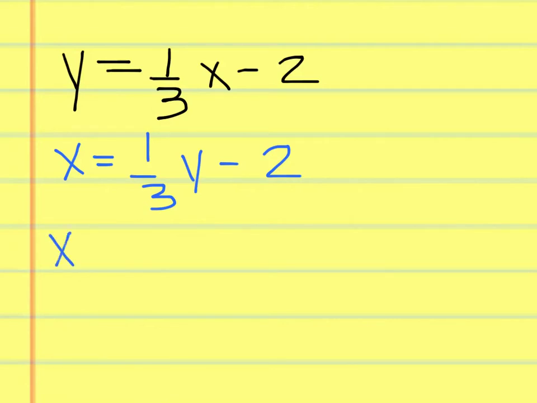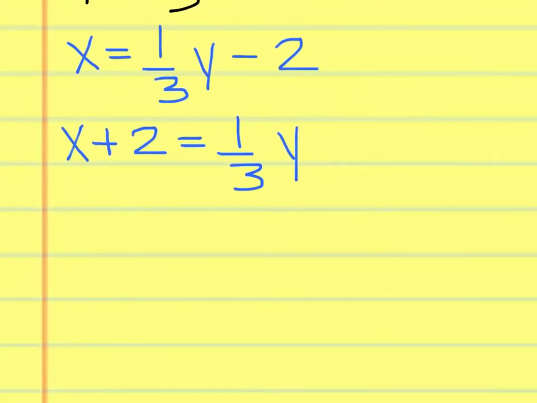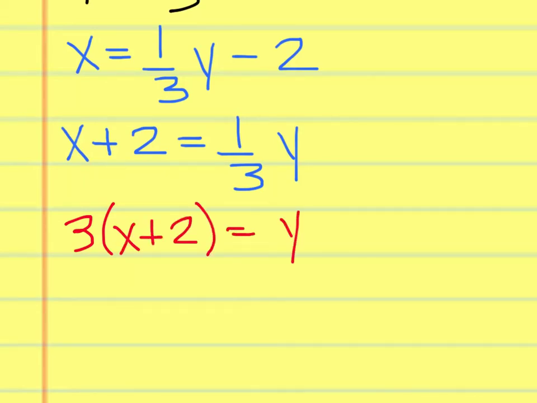So we're going to move the minus 2 to the left, and then we have to multiply by 3 to get rid of the 1/3 on the right. If you expand this out, it'll be 3x plus 6 equals y. The inverse of y is 3x plus 6.